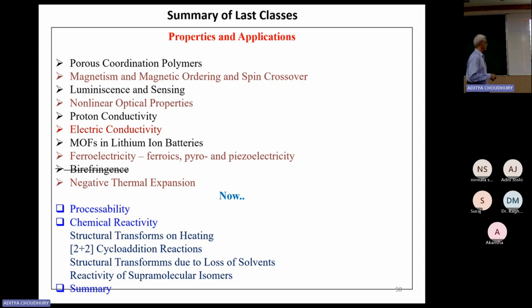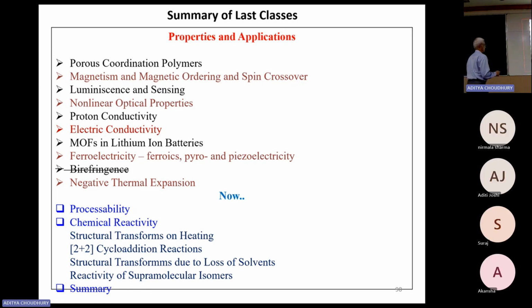For that, you need to have a special type of compounds crystallized in a non-centrosymmetric space group. All these conductivity studies and the way you prepare the compounds are completely different for proton conductivity and electrical conductivity. Okay, one is ionic, the other one is neutral.